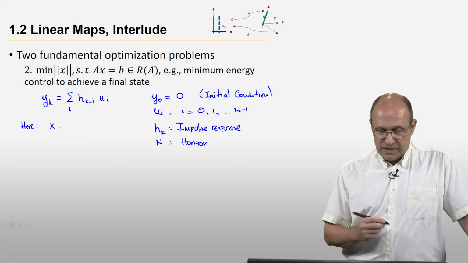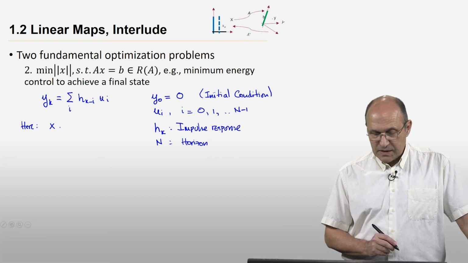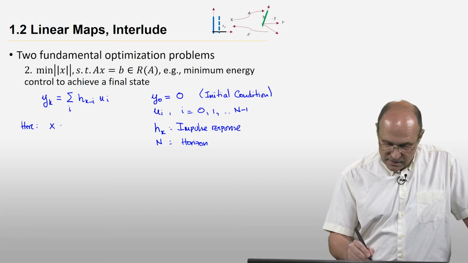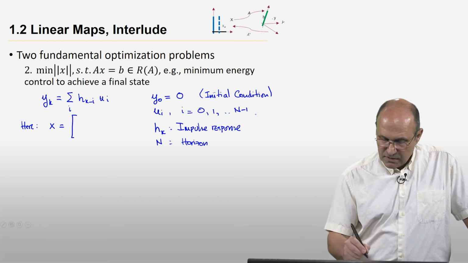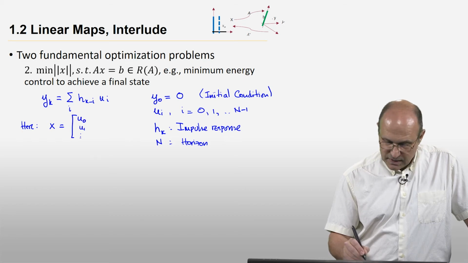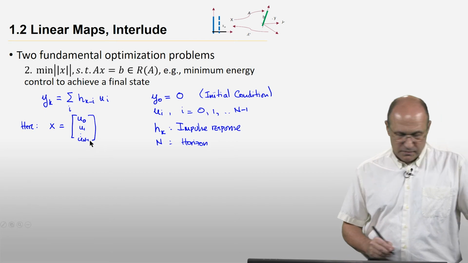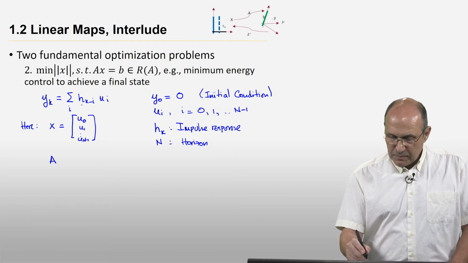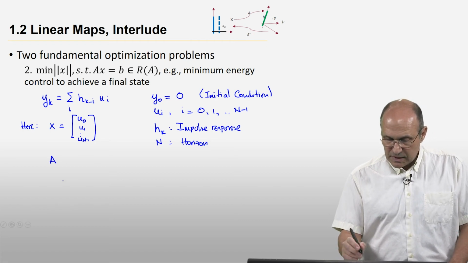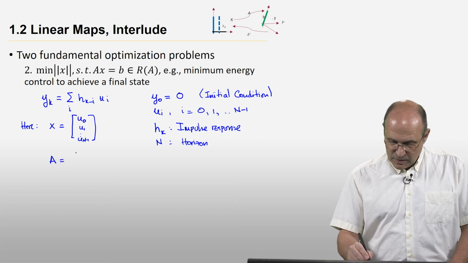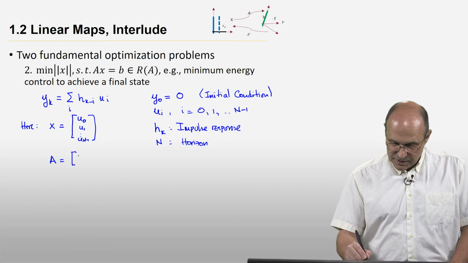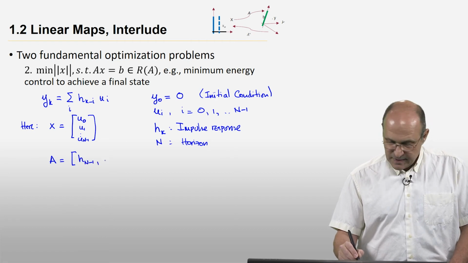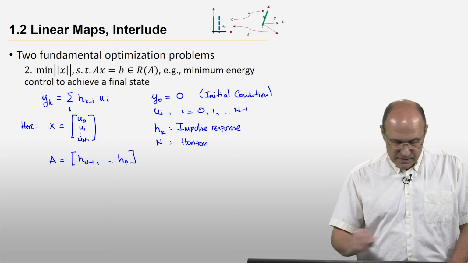So the X, which is the quantity, the control, which I want to optimize, is defined as all the possible inputs that I have, U0, U1, Un minus 1. And my linear map, looking at this convolution model for the output, will be the coefficients of the impulse response, n minus 1, etc., h0.